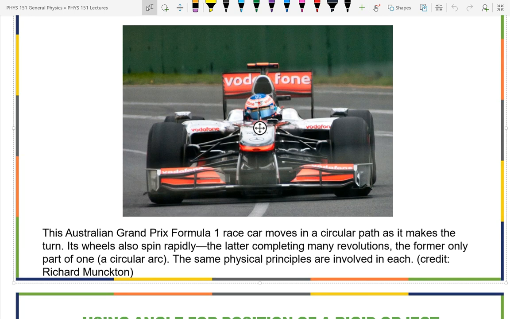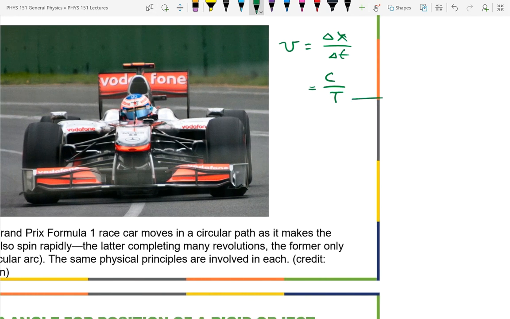But of course, we've all learned the circumference of a circle is 2 pi times the radius. So that means the circumference is bigger when you're farther away, smaller when you're closer. But speed is equal to the change in position over the change in time. So if it's going in a circle, that's equal to the circumference divided by what we call the period.